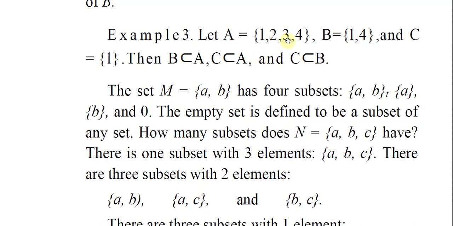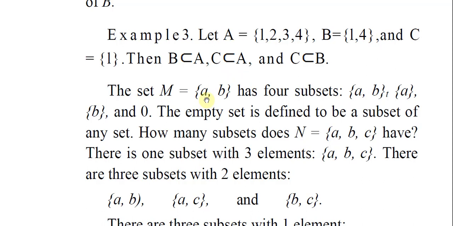Let A be 1, 2, 3, 4, B be 1, 4, and C be 1. Then B is a subset of A, and C is also a subset of A, and at the same time, C is a subset of B because we have just 1 in C. In B, we have 1 and 4.